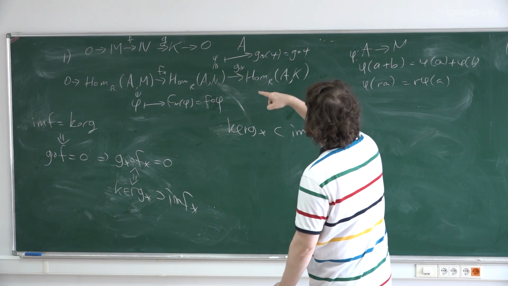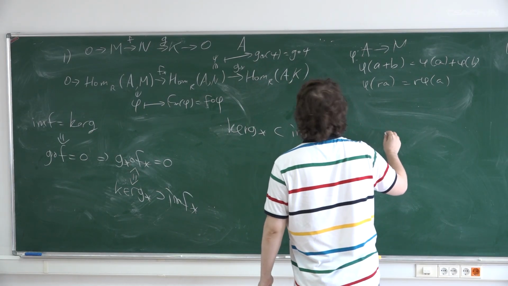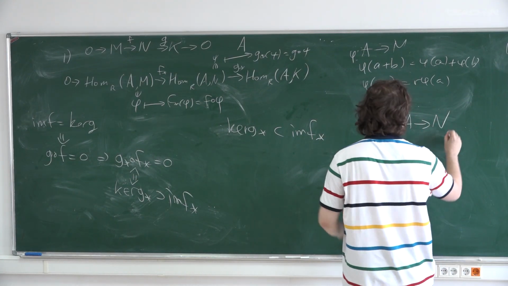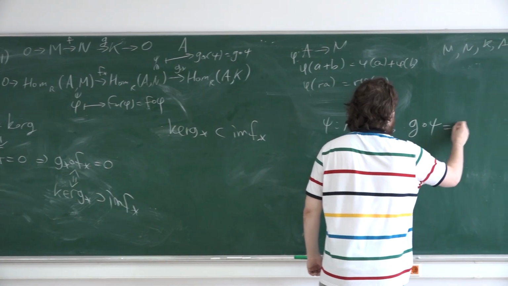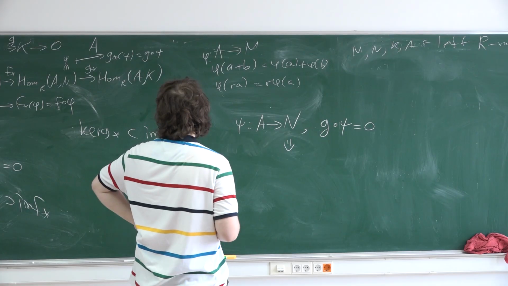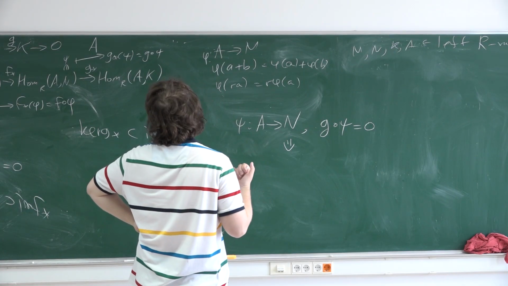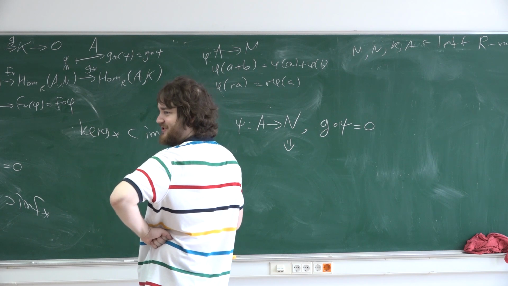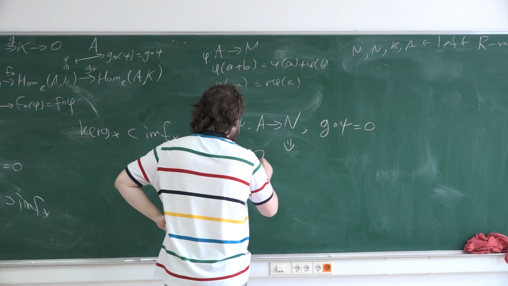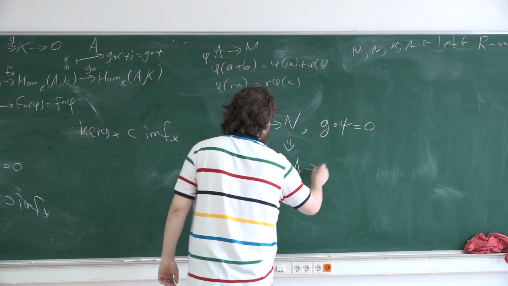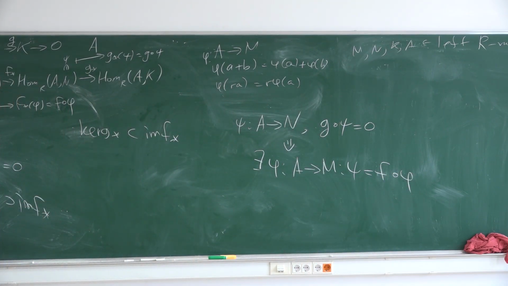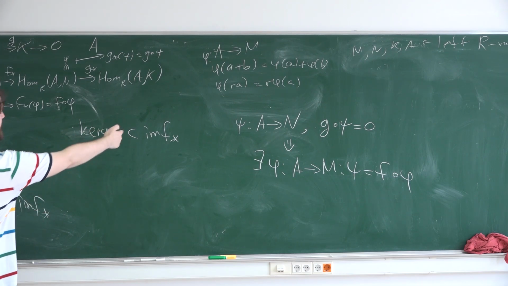If we have some psi from A to N, and we know that the composition G psi is 0, then there must exist some phi from A to M such that psi is the composition F phi. This is what we know. This means that the kernel is contained in the image.